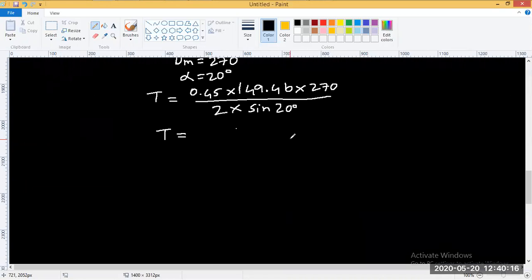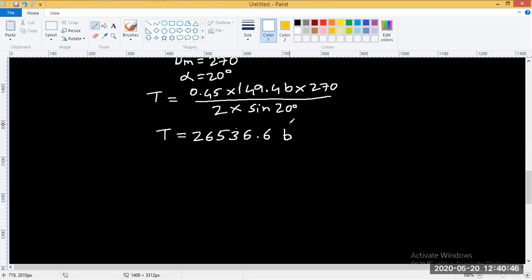So this torque I've got around 2653.6 B.